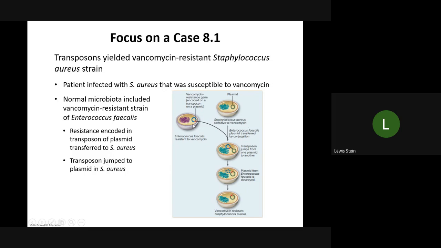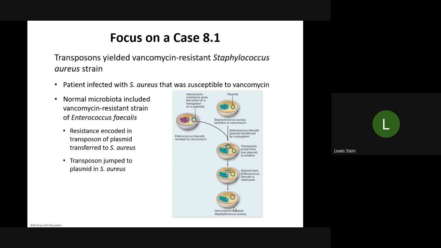I'll show you in the animation. So it grabbed on to the Enterococcus faecalis plasmid, was transferred by conjugation at this point, but the transposon made it into a variety of bacteria. And so even though the plasmid was destroyed, the vancomycin resistance was incorporated.